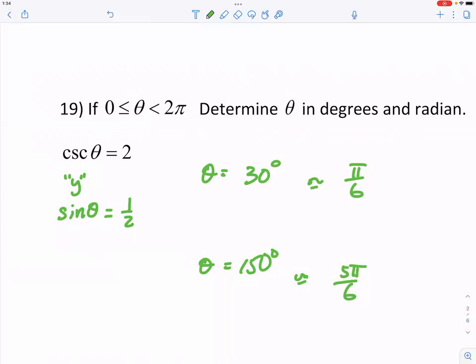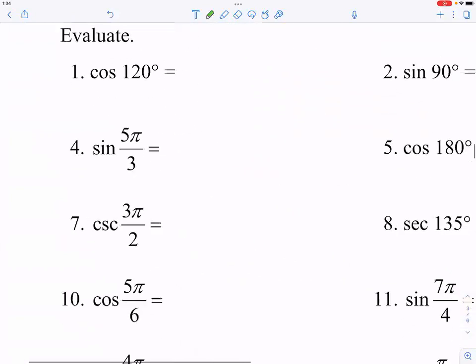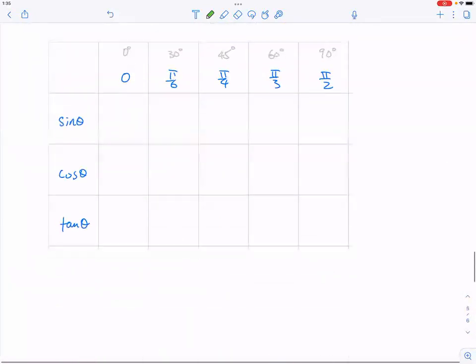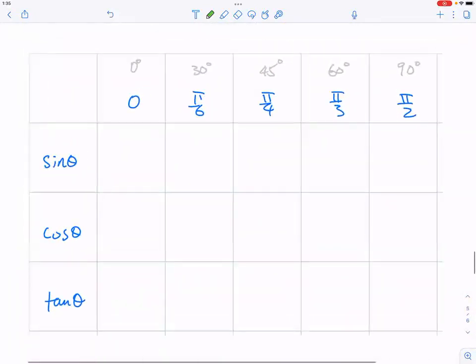This is how I learned about these trig functions without the unit circle, and you can see which one you like more. A good place to draw this table is the back page, second page of the handout. There's a little empty space right there. You can go ahead and draw this table.